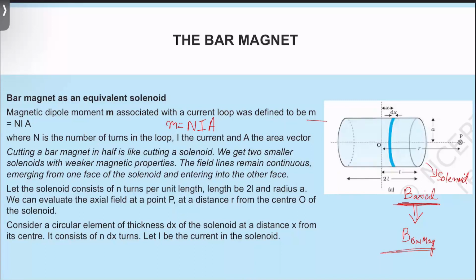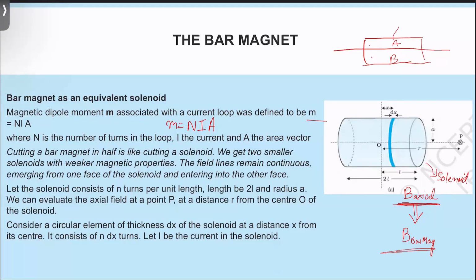Before we understand this, as we said, a bar magnet cannot exist as monopoles. Even if you cut a bar magnet in half, suppose this is your bar magnet, and you cut it into half, this part A and this part B, cutting this will act in a similar way to how we cut solenoids. They will not become two halves of the solenoid, but they themselves will act as a solenoid each.